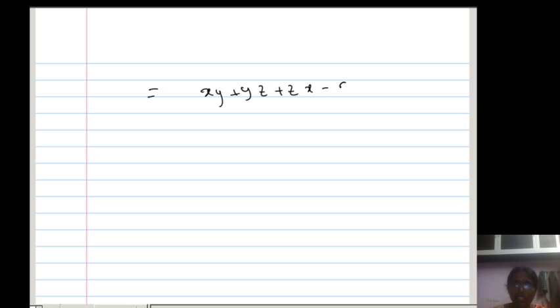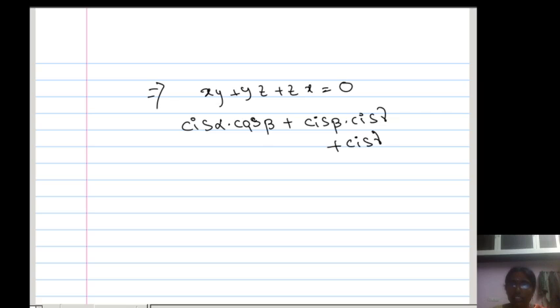That I proved. Where x is equal to cis alpha, y is cis beta, z is cis gamma. So what is here? Cis alpha into cis beta is xy. Yz means cis beta into cis gamma, plus zx means cis gamma into cis alpha is equal to 0.